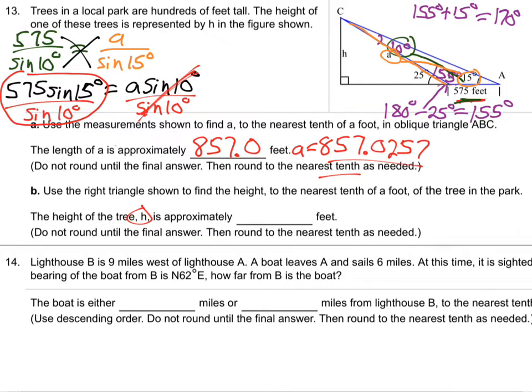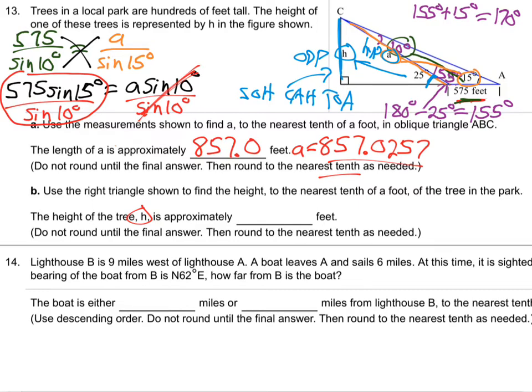So now to find H, which is this side here, that's part of a right triangle. So I can just use SOHCAHTOA. I have this angle here, 25 degrees. H is opposite, and A is the hypotenuse. Don't have to use law of sines, although you could.